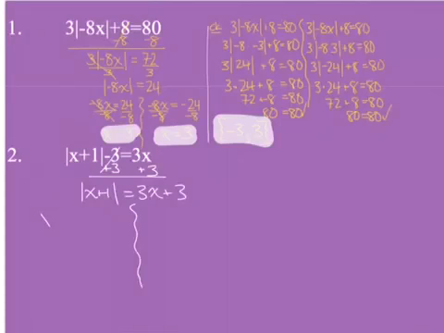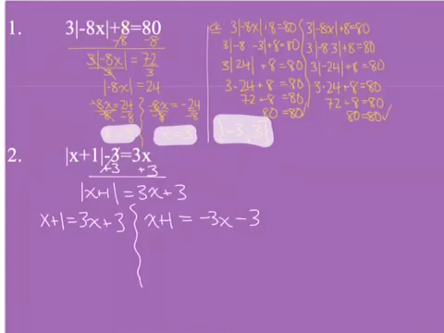The first equation stays the same, x plus 1 equals 3x plus 3. The second equation, you drop the bars, x plus 1 equals, and now we have to negate the other side. That's each term must be negated. So negative 3x minus 3.